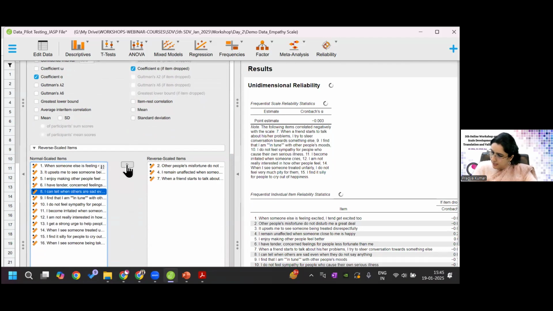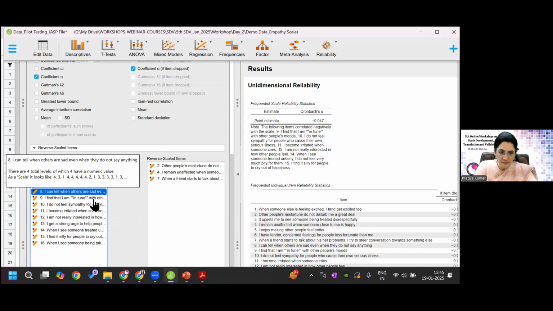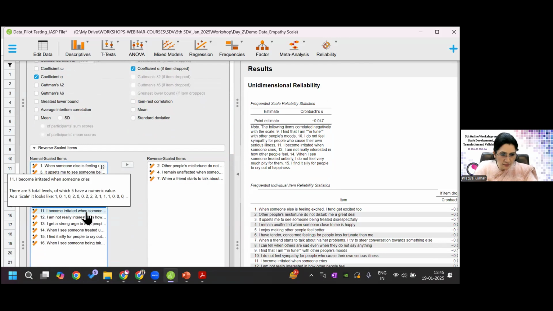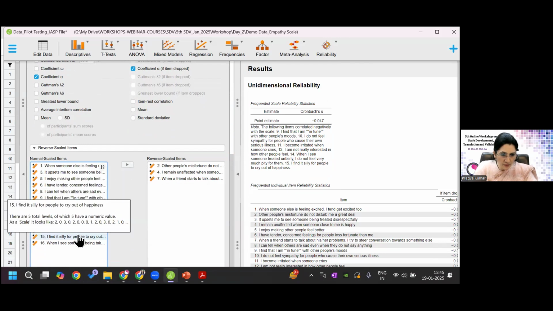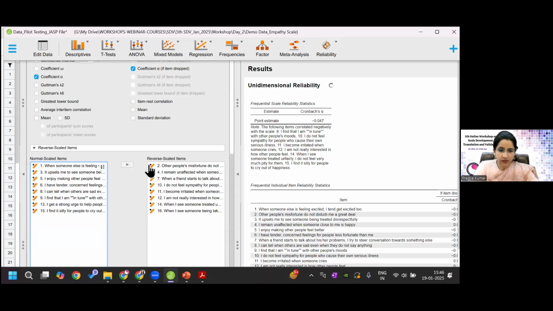After that 10, 11, 12, 14 and 15. So 10, then 11, then 12, then 14 and then 15. And then I have moved these to this reverse scaled item.